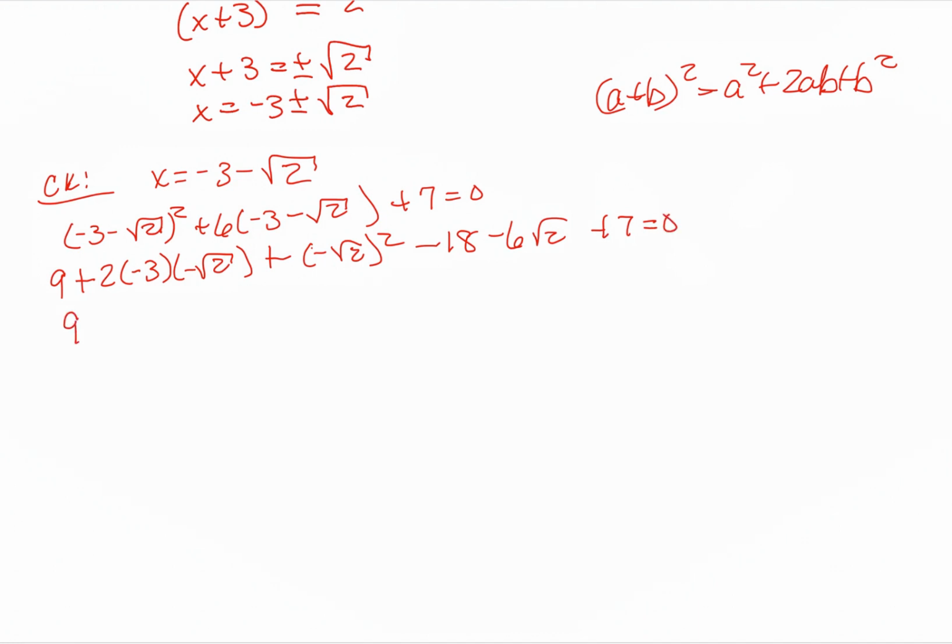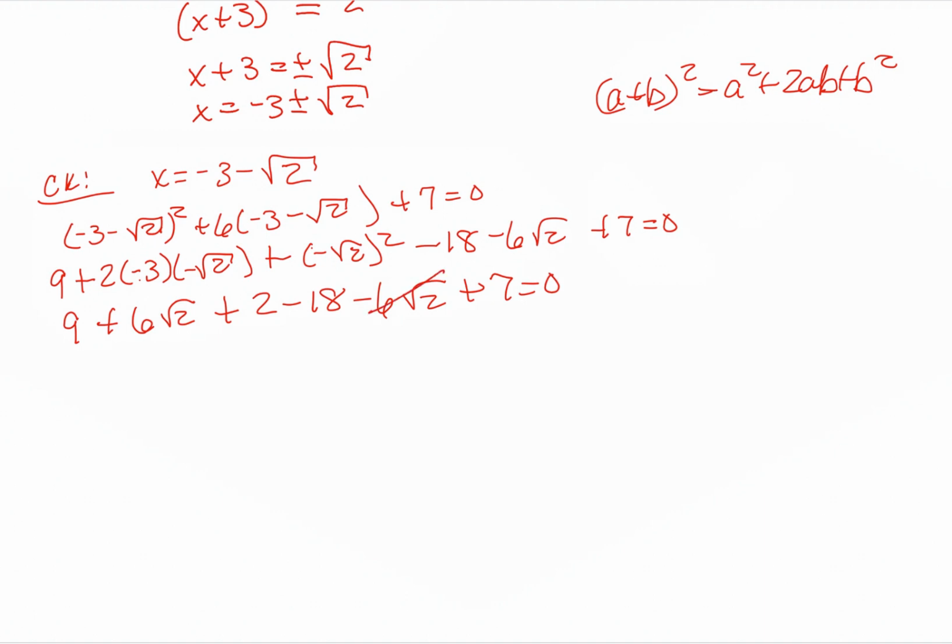So this gets us 9. These two make plus 6 square root of 2 plus 2 minus 18 minus 6 square root of 2 plus 7 equals 0.